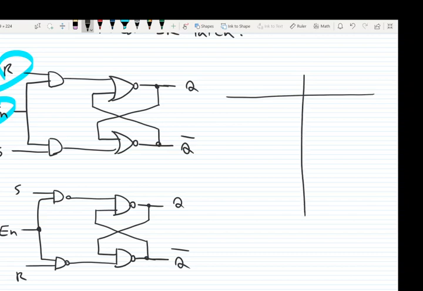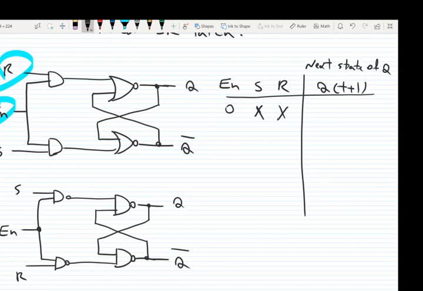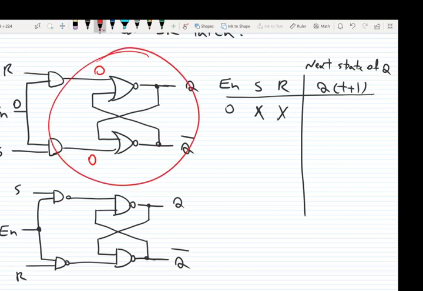We have input enable, input S, input R, and of course Q of t plus 1, which as I mentioned is the next state of Q. Okay, so no matter what SR is, if enable is 0, the inputs of both gates are 0, and it acts like an SR latch with 0, 0, which means no change.